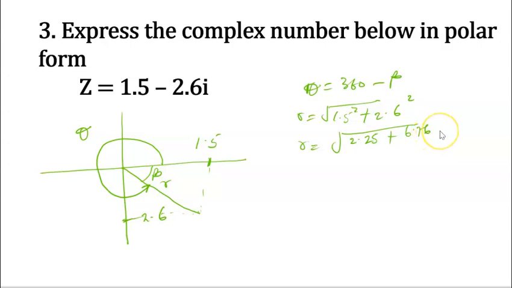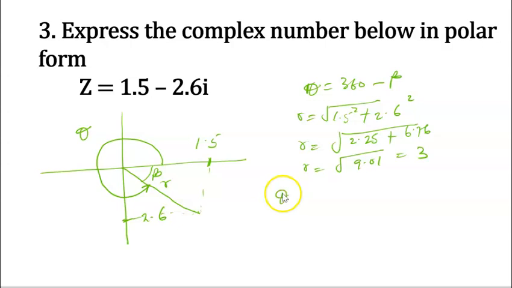Now 6.76 plus 2.25 is equal to 9.01, and that's approximately 9. So R now is the square root of 9.01, which is approximately 3.